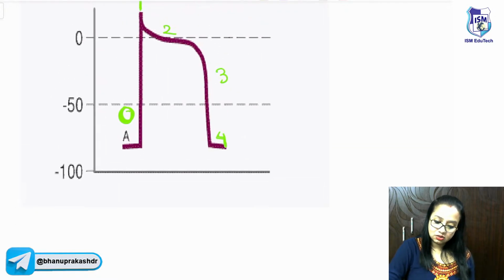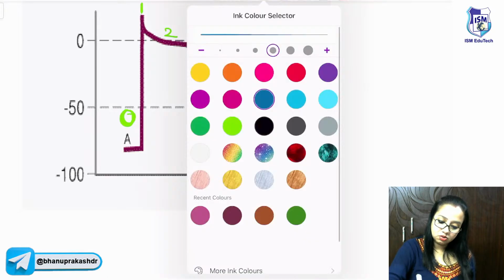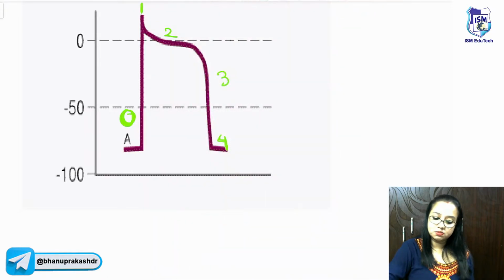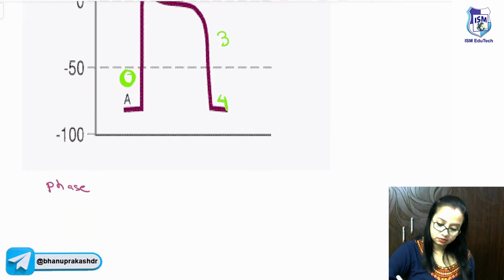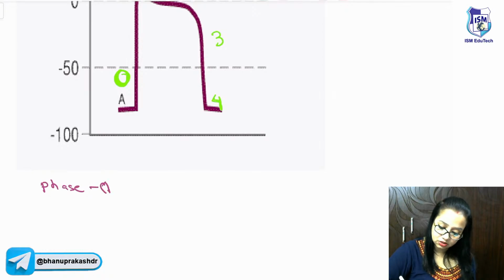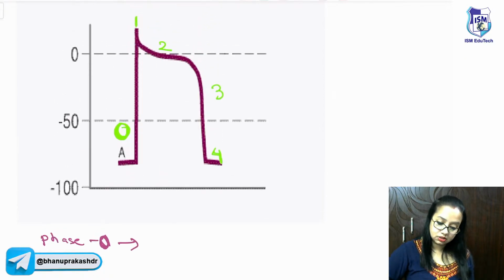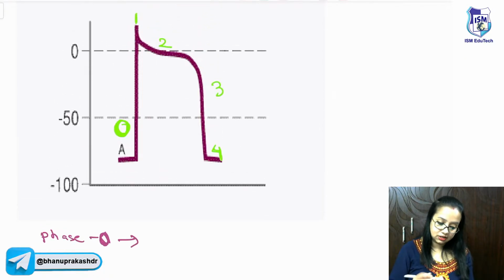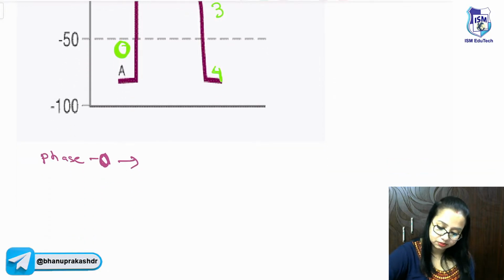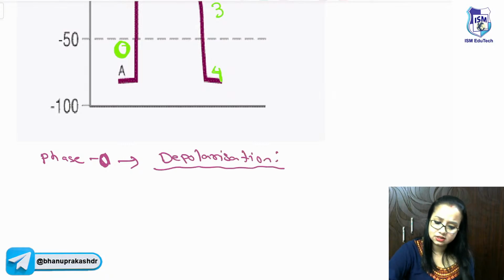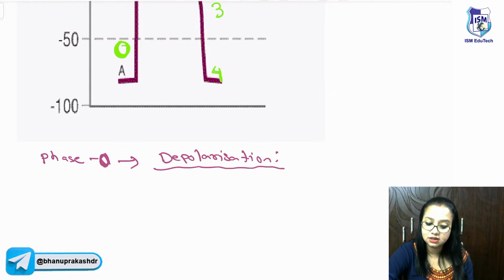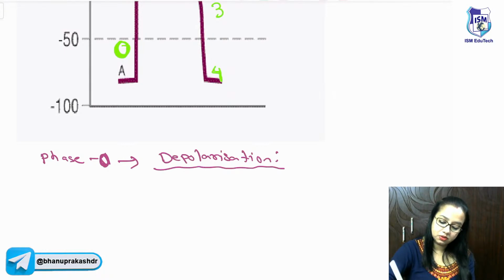Now, what is the nomenclature of it, and what is the ionic basis of it? Let's start from phase 0, it will be easier. Phase 0 is the upward stroke that we can see here. It is the depolarization. Just simply depolarization is a one-liner we have to remember. It is nothing but our wave of depolarization.